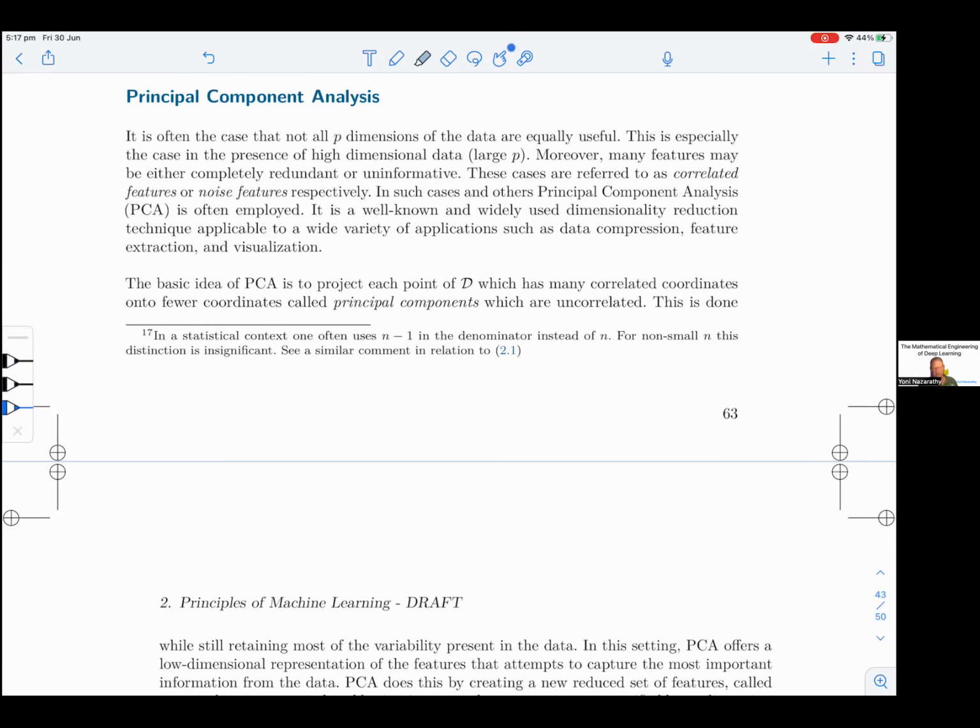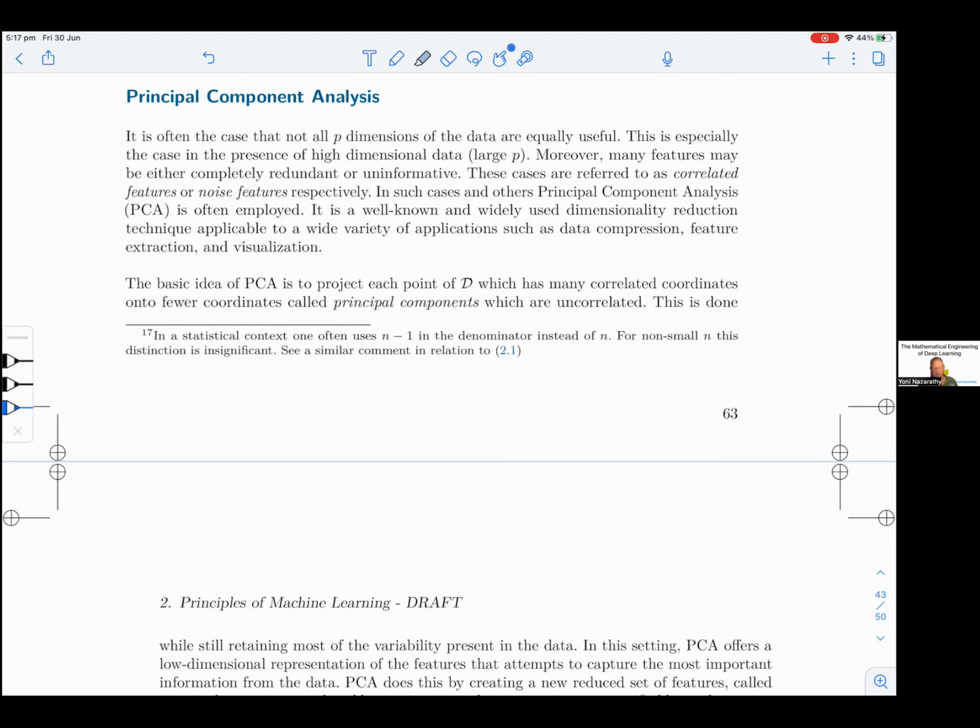These cases are referred to as correlated features or noise features, respectively. In such cases and others, principal component analysis, PCA, is often employed. It is a well-known and widely used dimensionality reduction technique applicable to a wide variety of applications such as data compression, feature extraction, and visualization.